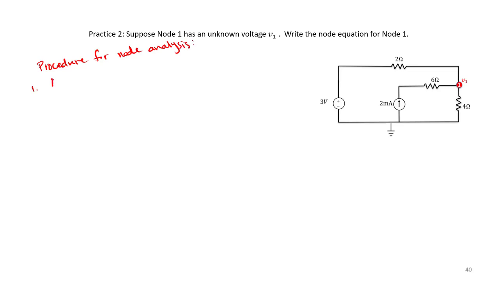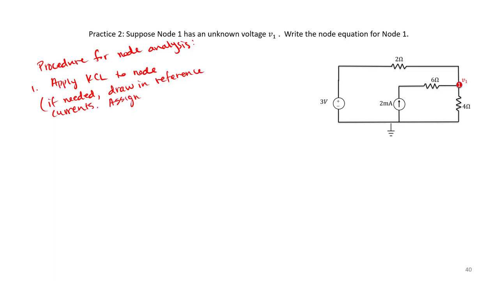Remember, first, we need to apply Kirchhoff's current law to the node. So if needed, draw in reference currents. Also, if needed, you want to assign a ground node if not given.